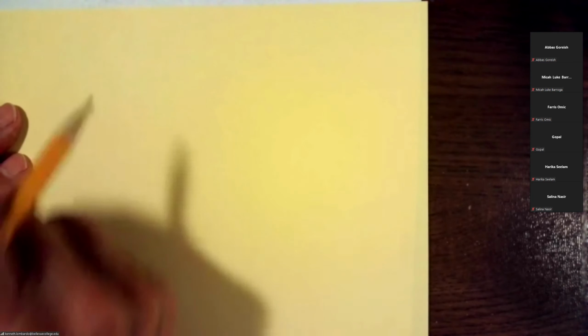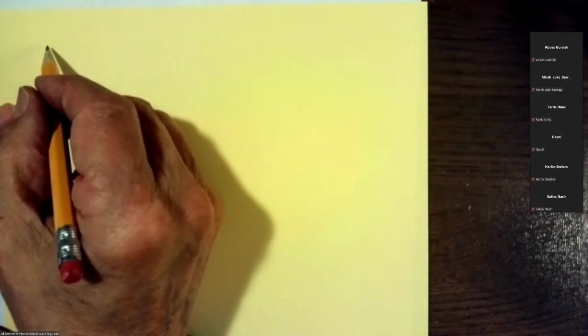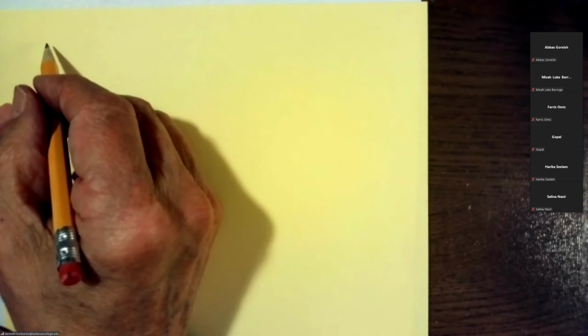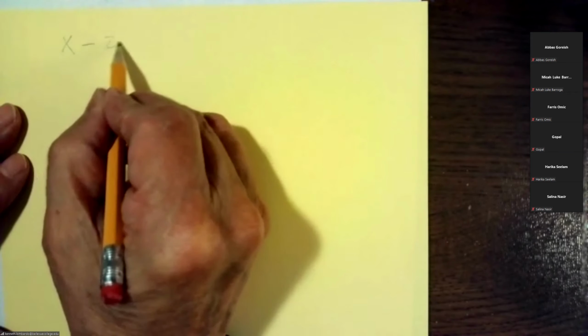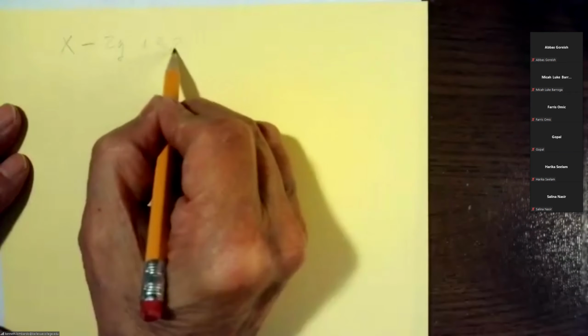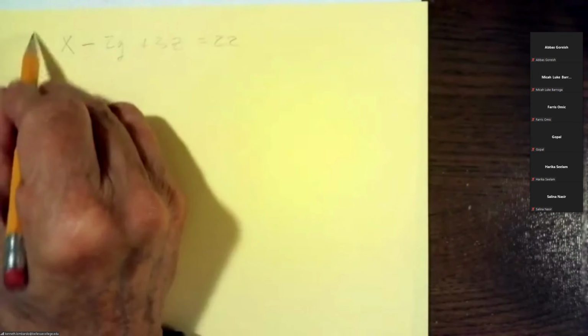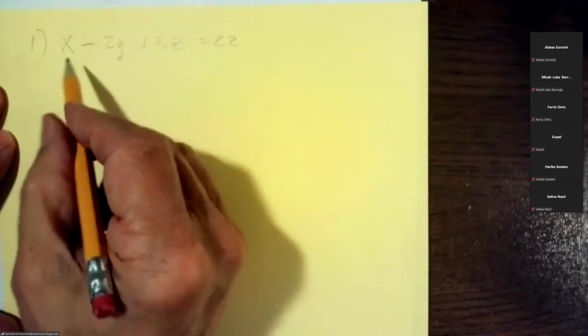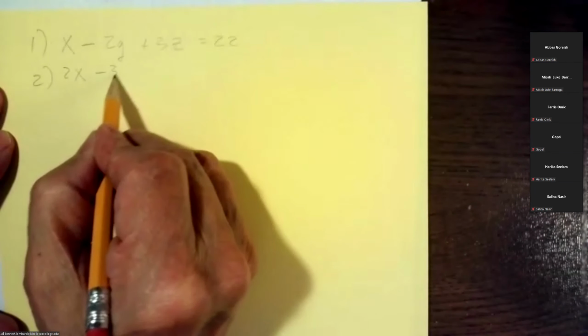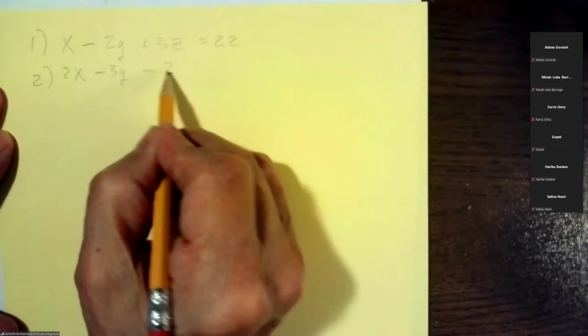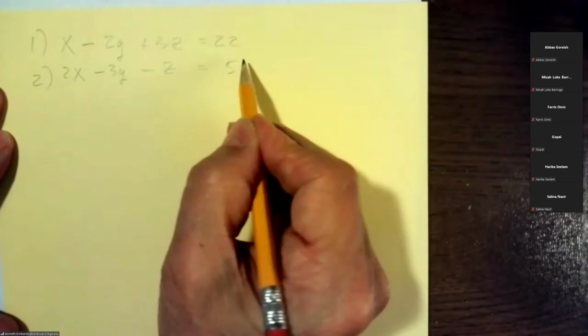So let's take a look here, get some paper out. And we'll use the same kind of approach you used before, which was to show, for instance, if I'm given a system of equations and I'll put them in order. So if I say x minus 2y plus 3z equals 22, and that's equation 1. And maybe equation 2 is 2x minus 3y minus z equals 5.